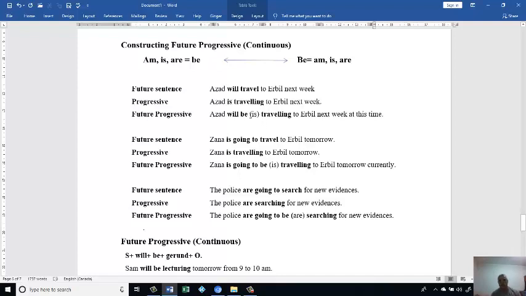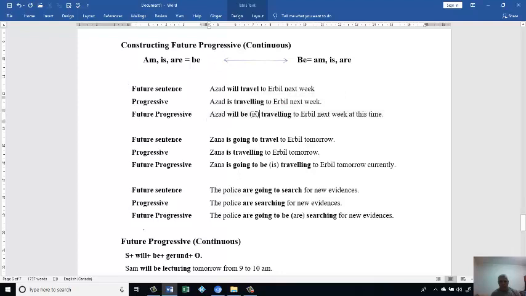How are we going to make a future progressive? I have to mix these two sentences into one sentence. That's the reason we say future progressive or future continuous. If you look here, Azad will be traveling to Erbil next week at this time.